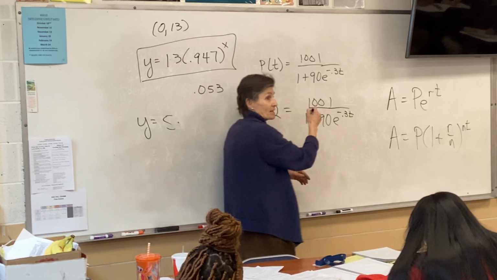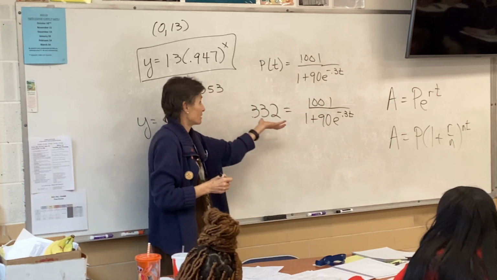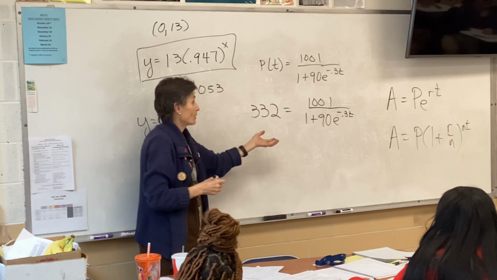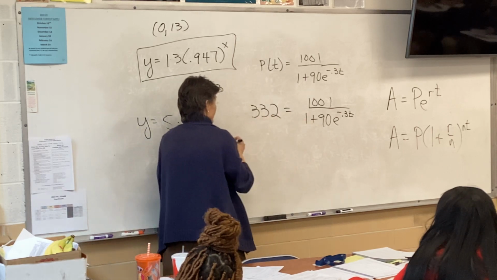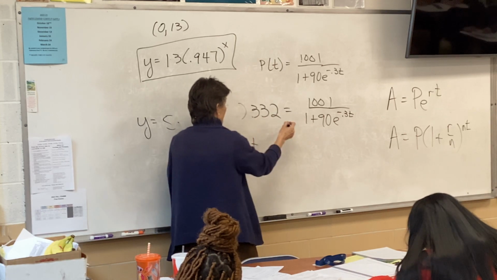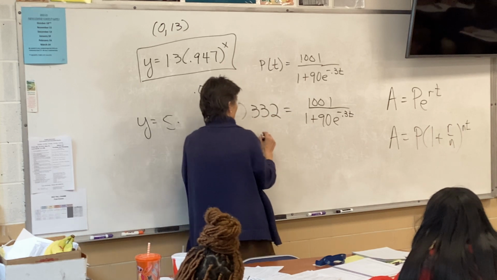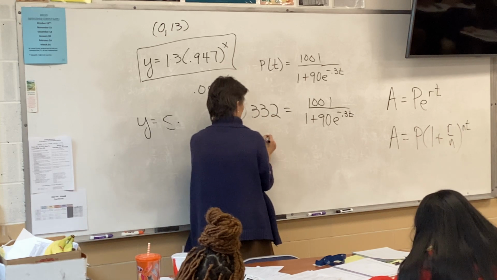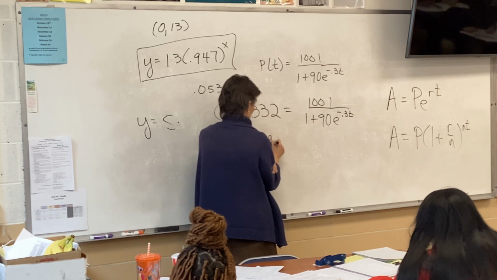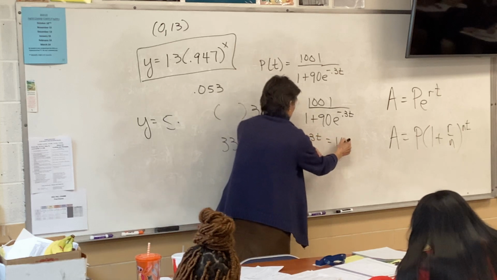So this was like your quiz question. It wasn't part of a word problem, but you had to solve this. So what did you do? Multiply this over to here. So 332 plus, this is going to be a distribute. Who's got a calculator? 332 times 90. 29,880. 29880 e to the negative 0.3t equals 1001.